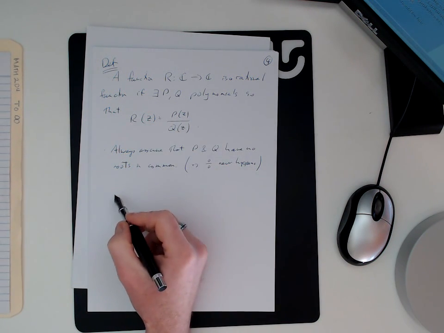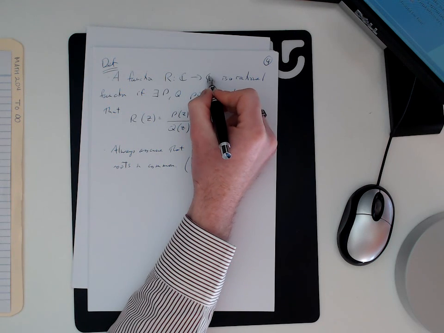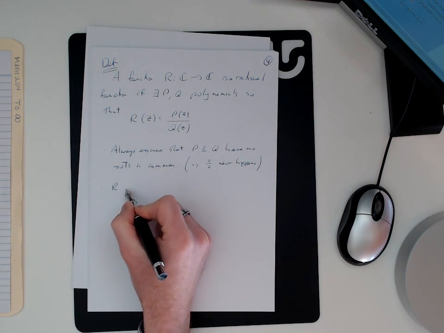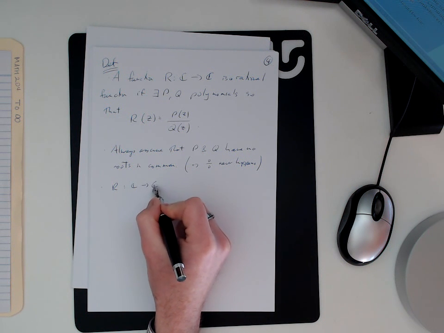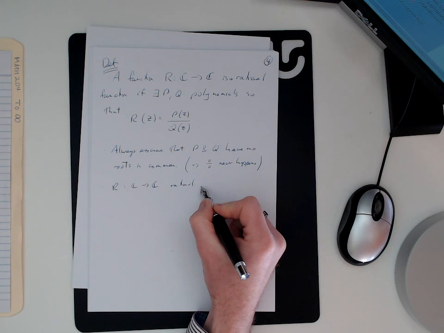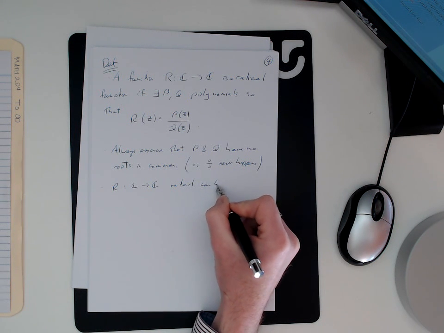Now, you can extend the rational function. So R from C to C, rational, can be extended.